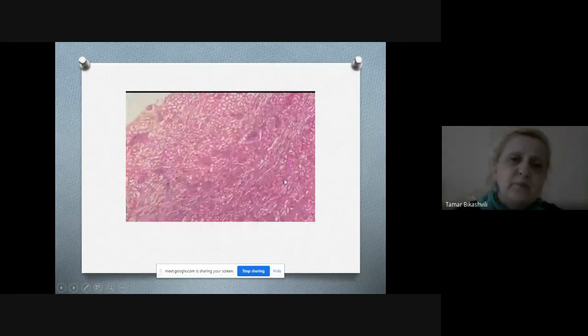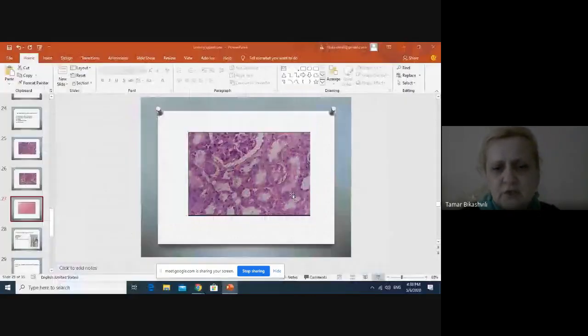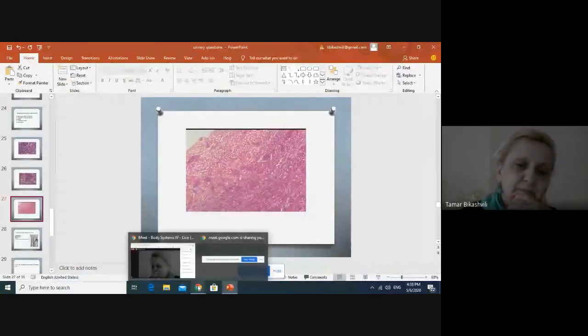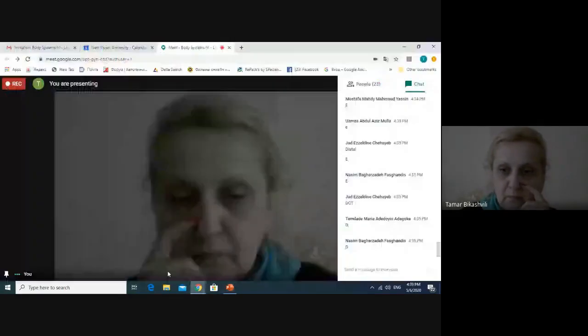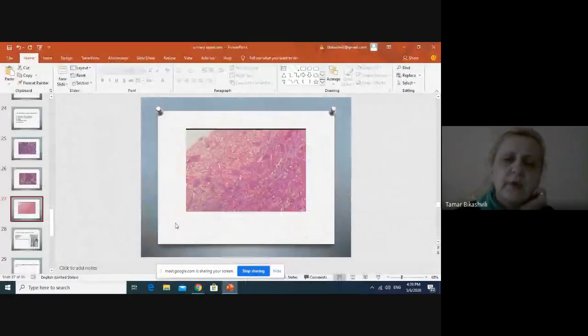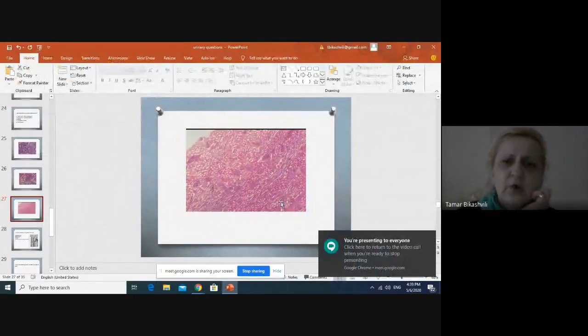So is this cortex or medulla? Okay, I'll show again. Is this cortex or medulla?